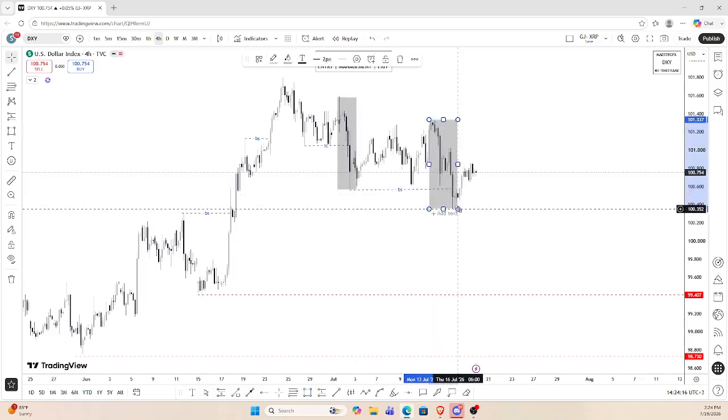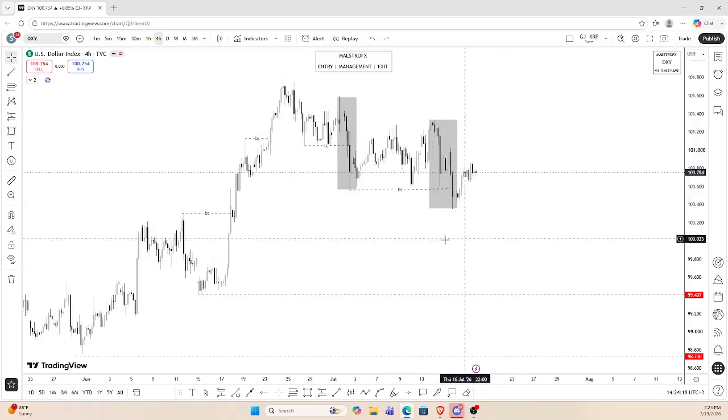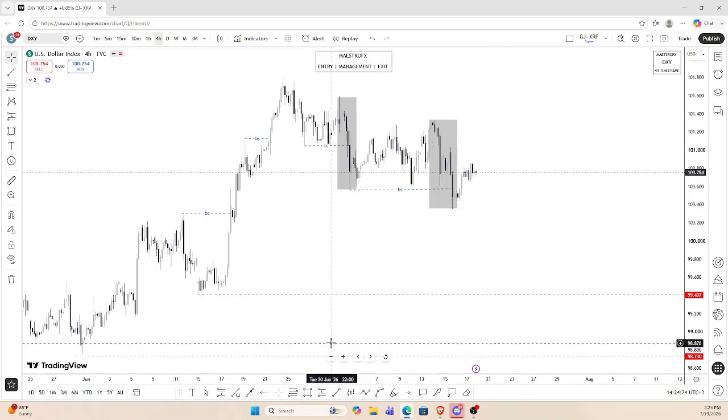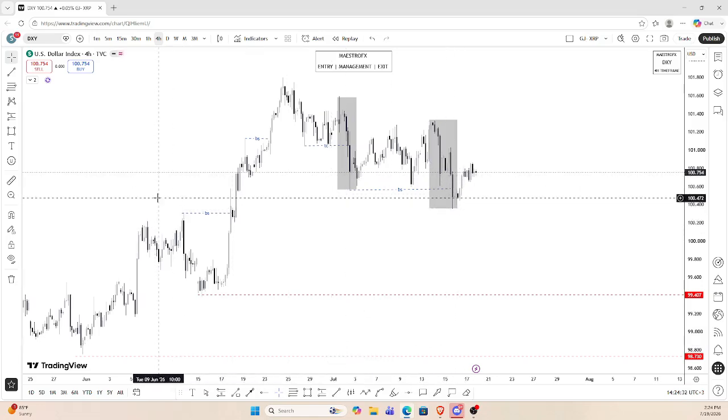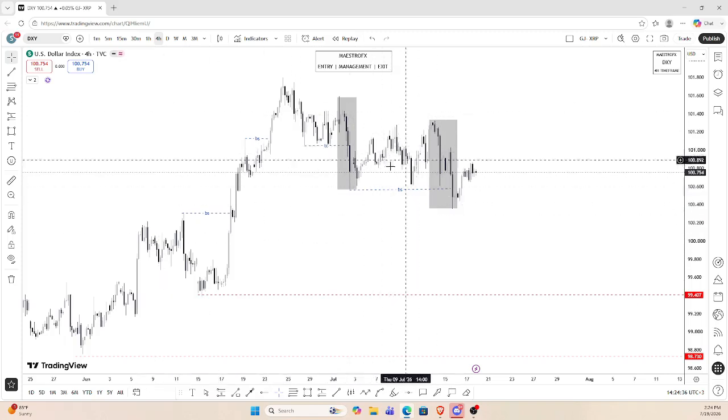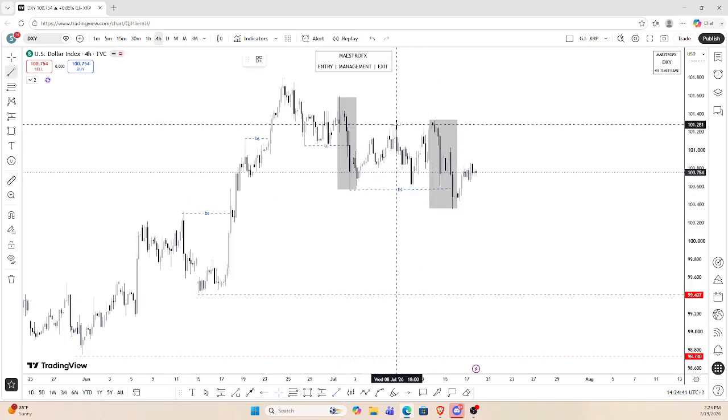Price is currently bearish on the 4-hour time frame, and that's because to fulfill the daily time frame correction, the lower time frame has to shift trend. This is what we expect to happen on the lower time frames, especially the 4-hour and 1-hour.